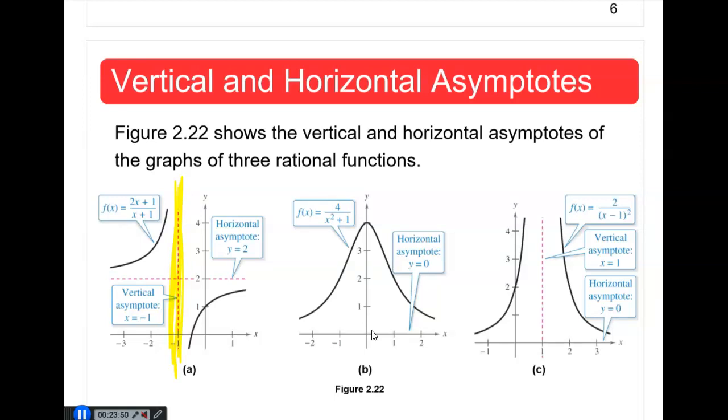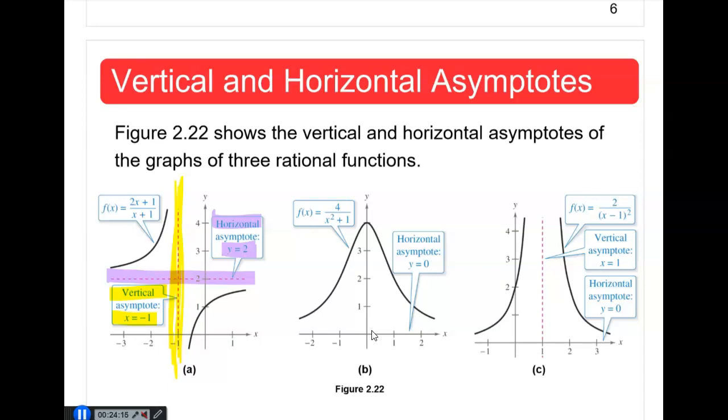That will be the exclusion from the domain. So here it's the vertical asymptote. And then we have the horizontal asymptote, which is here the line y equals 2, which is horizontal. And so that's what it is. We will learn how to find those shortly.